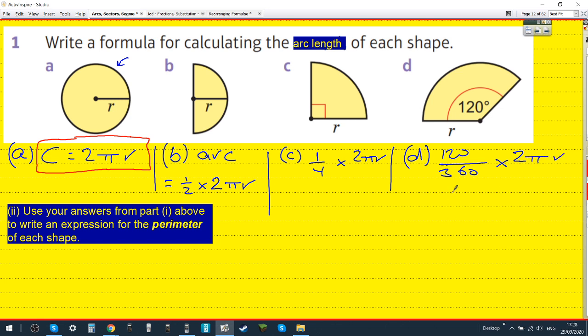Well done. Okay, so using our previous answers, how would you get the perimeter for question B? So it's a half times 2 pi r. So that's the curved bit. And then what would you have to add on to get the total perimeter?